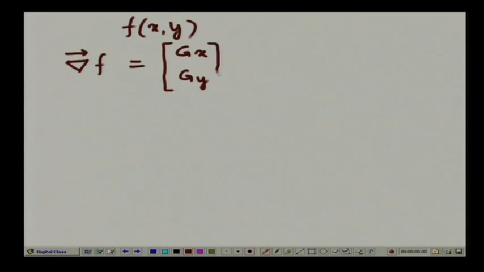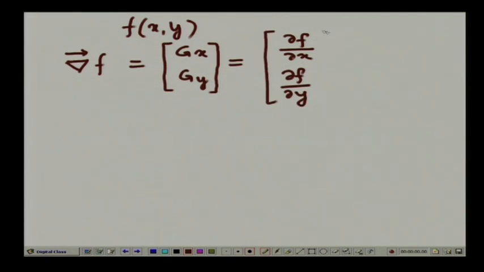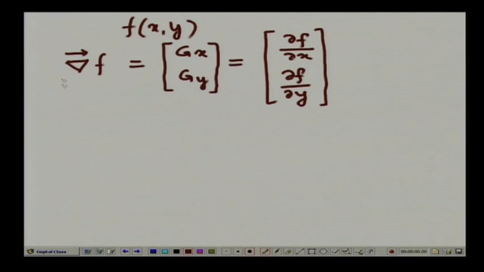Obviously, the gradient is a vector. g_x is nothing but del f del x and g_y is del f del y. So, g_x is the partial derivative of f along the x direction and g_y is the partial derivative of f along the y direction. We can find the gradient of the image f by doing this operation.